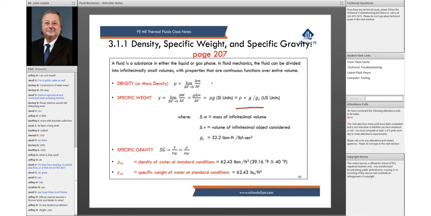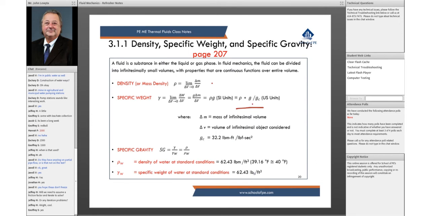Did we go through this on the thermal side? Everybody familiar with G over G sub C? I got a handout if you need a little bit of help on that. The whole thing about what this G over G sub C essentially is: for SI units, it's just rho times G in terms of specific weight, your gamma value.